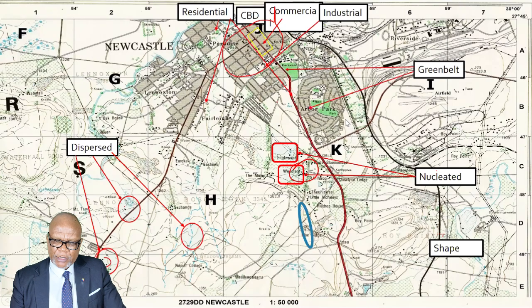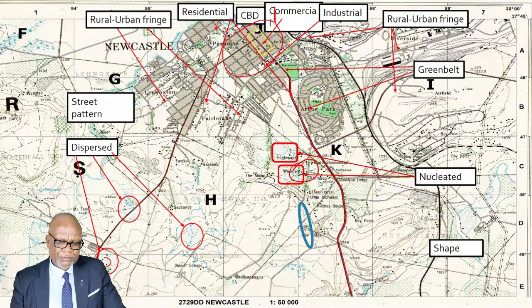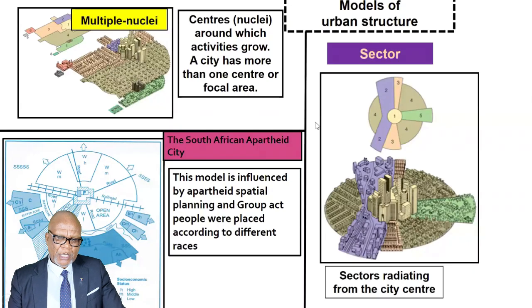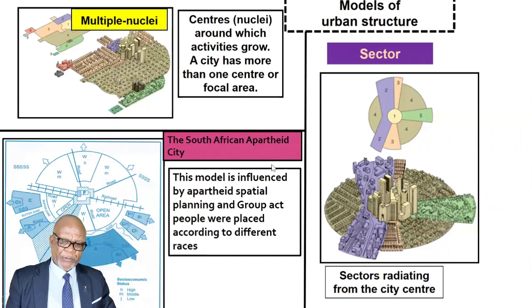Then you have your green belts. So this is your rural urban fringe. This is actually your map interpretation. Looking at the street patterns, grid iron patterns are the older part of the city, and then you look at the new one.